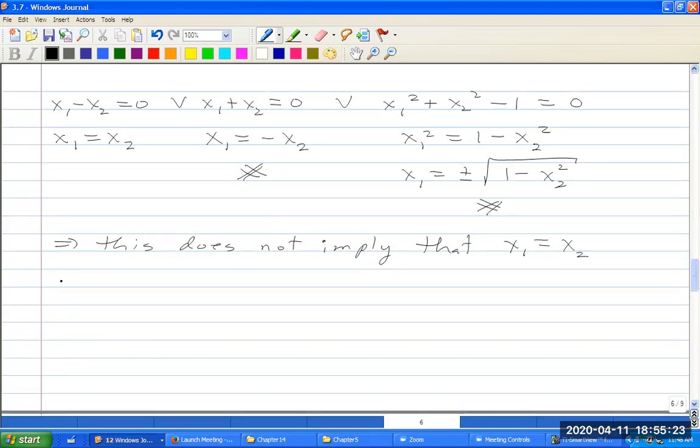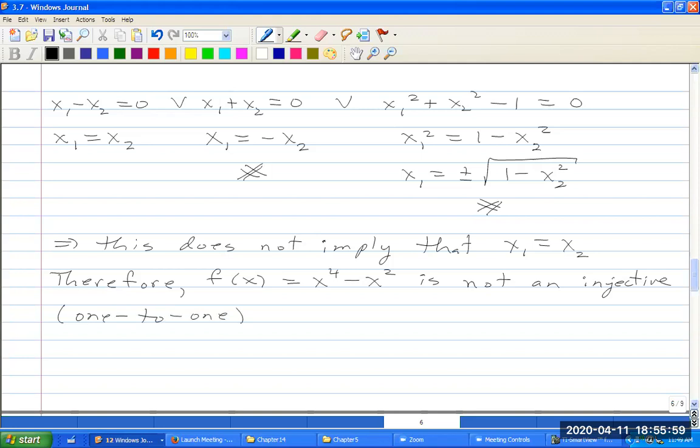So therefore, f of x equaling x to the fourth minus x squared is not a one-to-one function. And that's your answer.